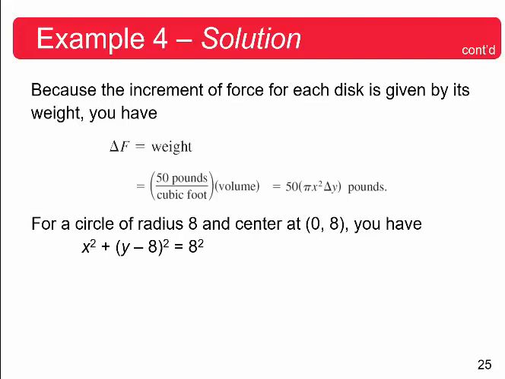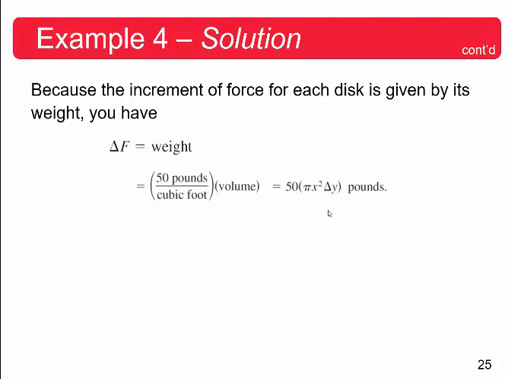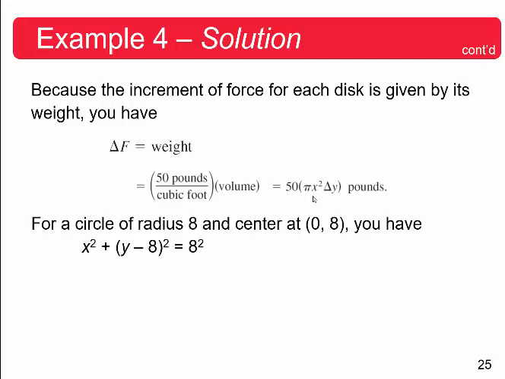Notice we have 2 variables. Delta y is going to get replaced by dy in my integration, so I need something to replace x squared with in terms of y. How can we relate x and y? The top of this disc is a circle.